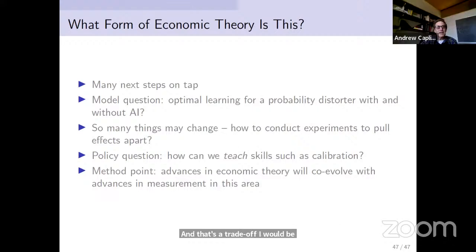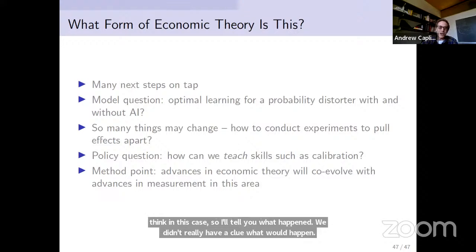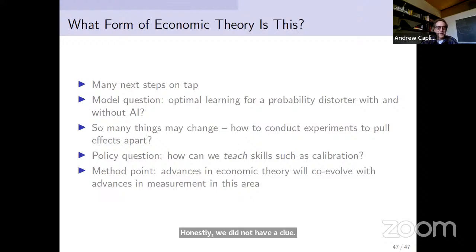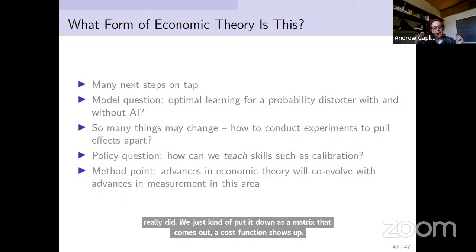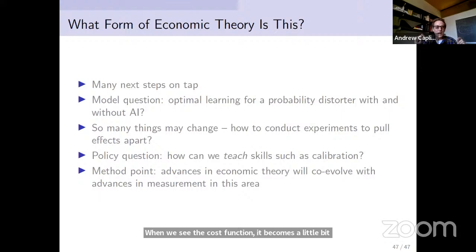I think in this case, I'll tell you what happened. We didn't really have a clue what would happen. Honestly, we did not have a clue. We did not know whether a cost function would show up. We just kind of put it down as a matrix. It comes out, a cost function shows up. When we see the cost function, it becomes a little bit sensible. It says, oh my God, you overweighted. It was not a proper scoring.